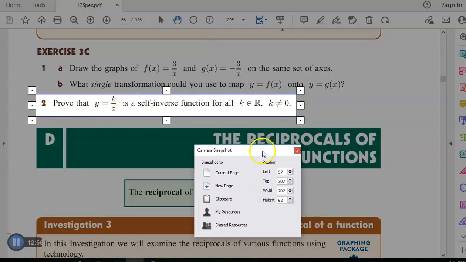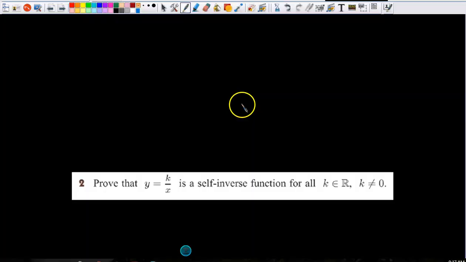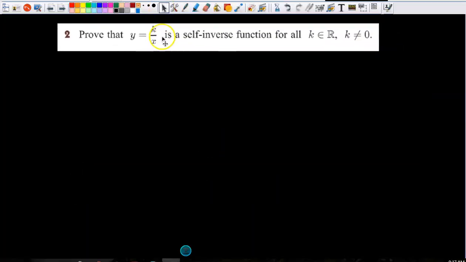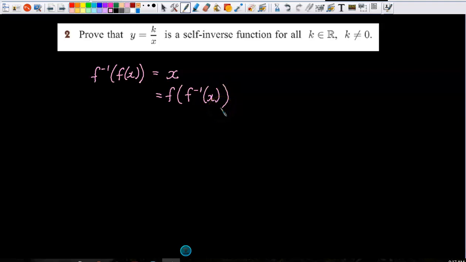Okay, so I would be saying you would need to add this to your notes, because a self-inverse is when f of x equals x, and that equals f of f of x. So, you know, that's a good question, because it's getting you to look at inverses, and it's also getting you to look at function composition.